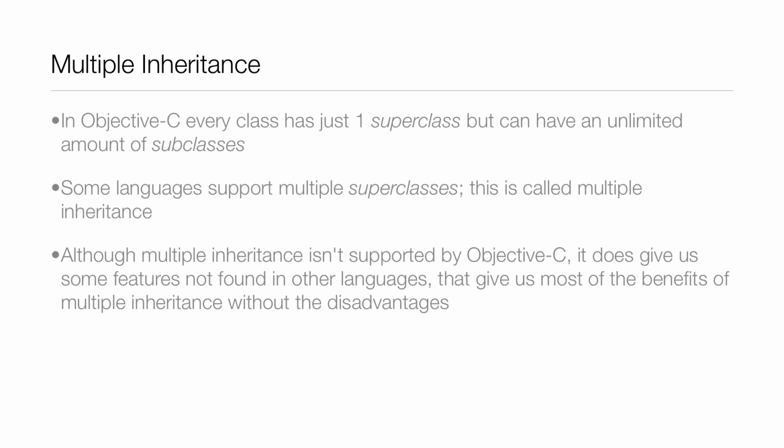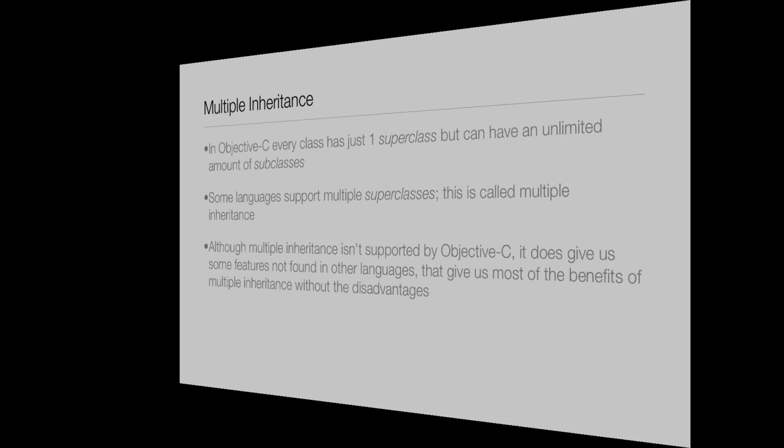Anyways, some languages do support multiple superclasses, which is called multiple inheritance. And although multiple inheritance isn't supported by Objective-C, it does give us some features not found in other languages that give us most of the benefits of multiple inheritance without the disadvantages.